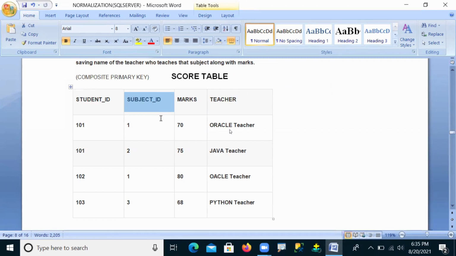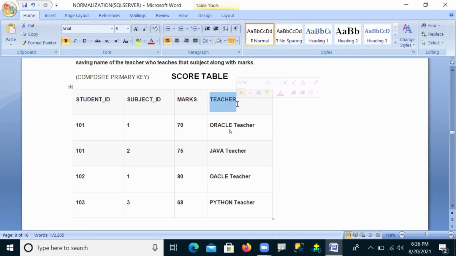So can I say the teacher column is a partial dependency column, right? Come on guys, what do you say? Definitely, a partial dependency column.